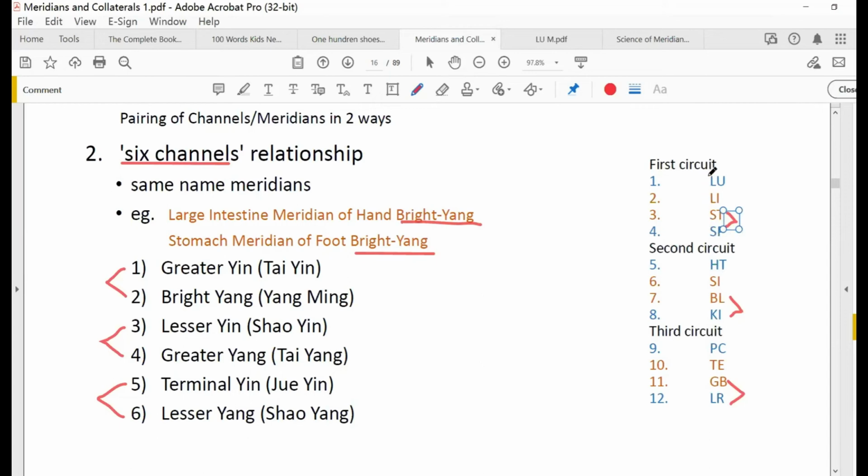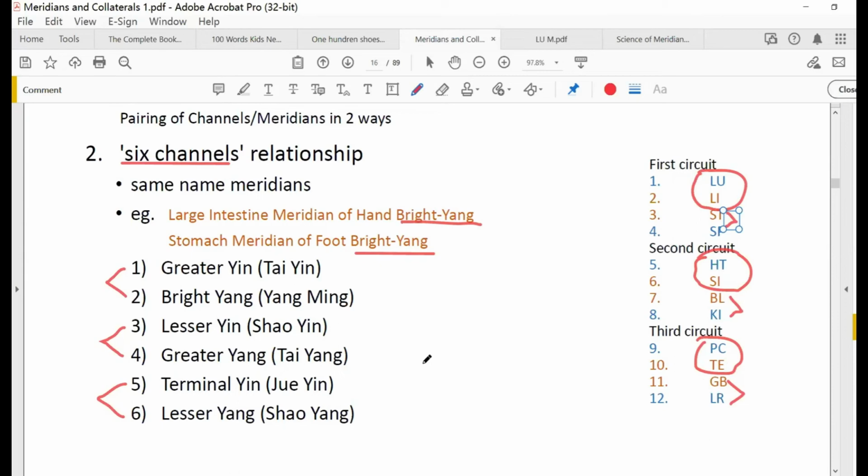And for the hand meridian, and TE, triple energizer. Like in Western medicine, we don't even have this organ, triple energizer. In TCM, we do have this organ.